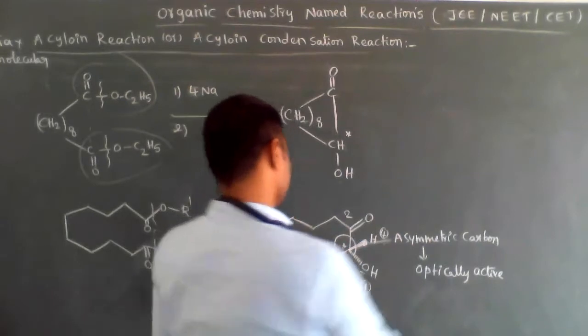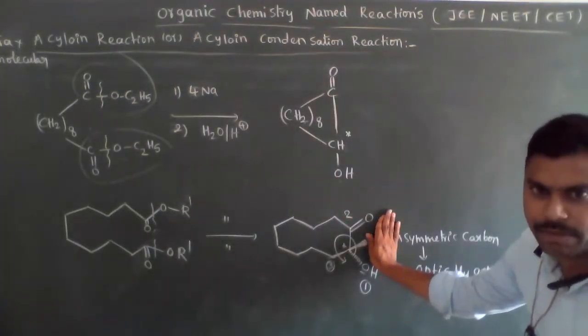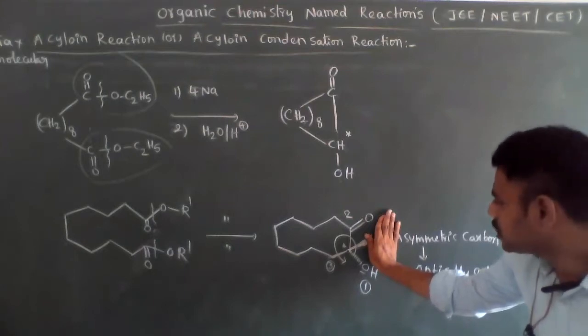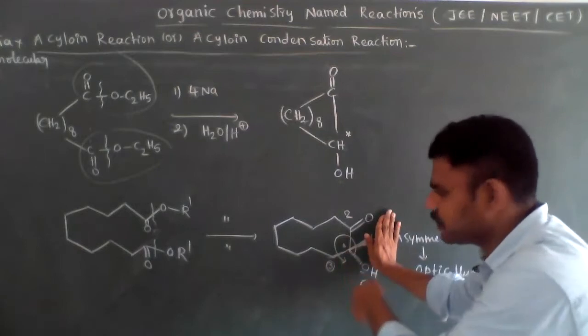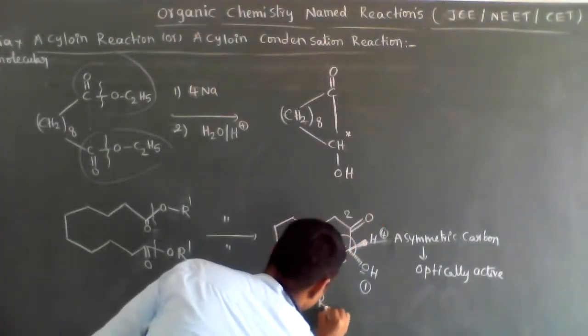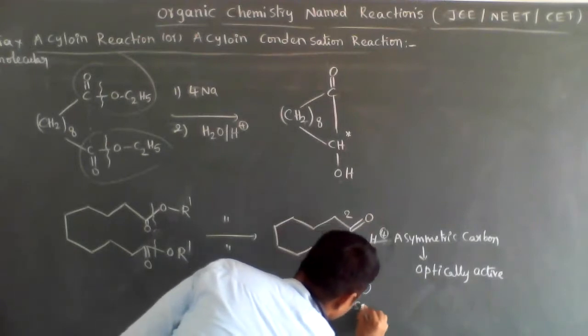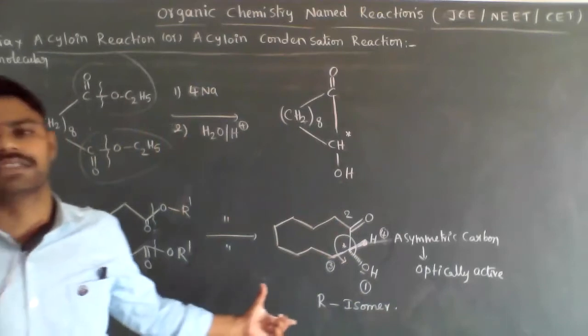Except this hydrogen, the remaining groups are in the anti-clockwise direction. But the least priority group is on the front side, so we need to reverse it. Anti-clockwise direction means it is R configuration, meaning the R isomer. That is also an important one, RS nomenclature.